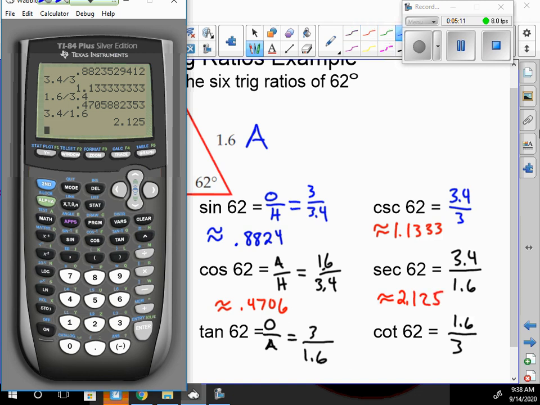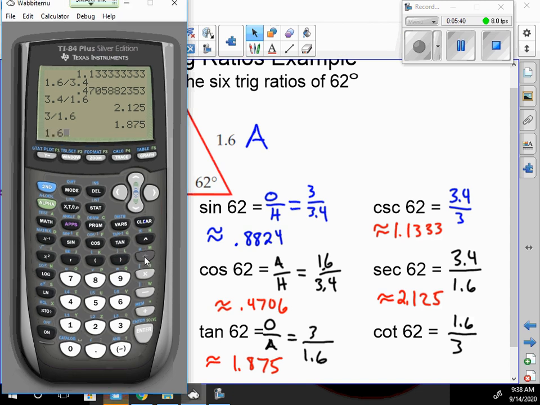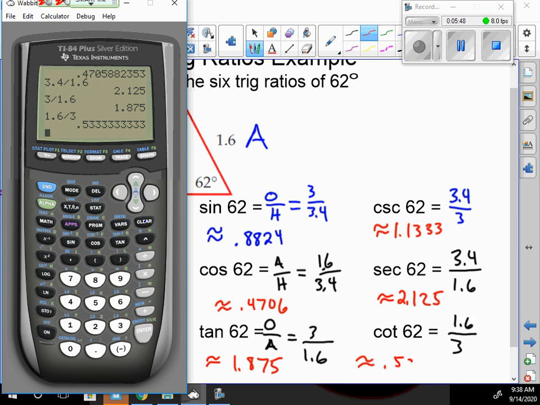And then tangent is 3 over 1.6. So that's approximately 1.875. That one's actually not approximate, that's exact. But then the last one is 1.6 over 3. And that gives me approximately 0.5333.